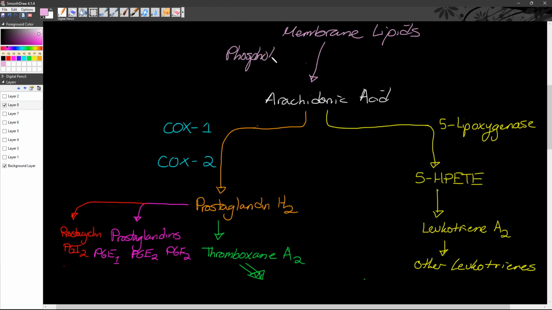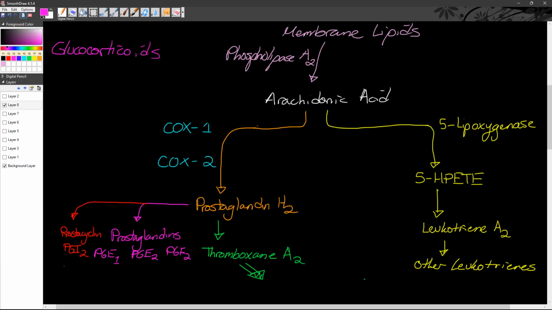All right. If you remember, in order to get to arachidonic acid, we have to use the enzyme phospholipase A, which cleaves certain lipids off of the inner side of the membrane, allowing us to make the arachidonic acid. Where glucocorticoids come in is in two different places.